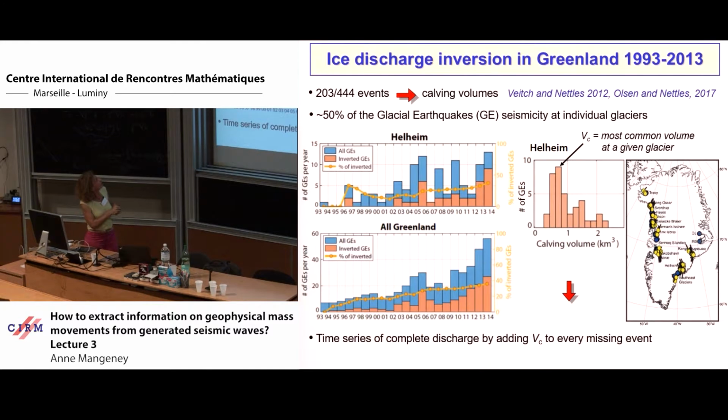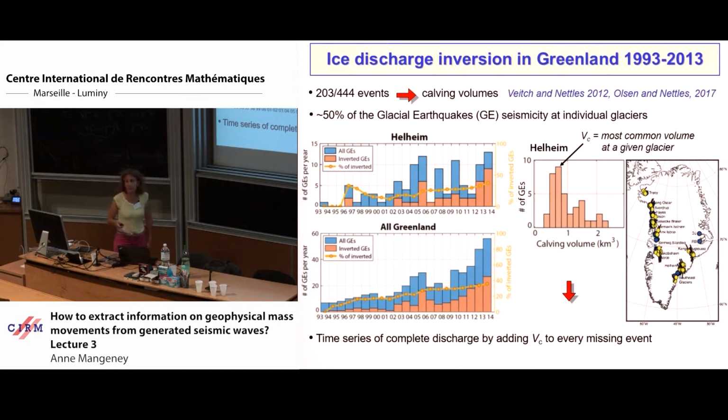This is all the glacial earthquakes in blue, and here are the icebergs that we were able to invert. And so we have an increase of number, obviously. This is in the glacier Helheim. But if we do that all over Greenland, we see an increase of number, which was also already observed by other teams.